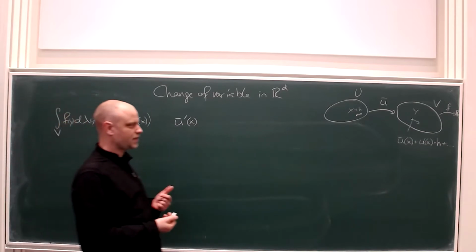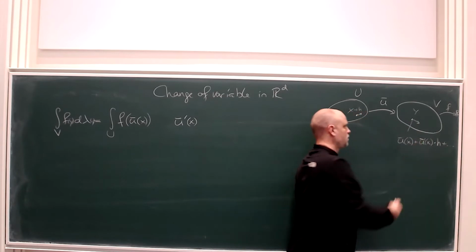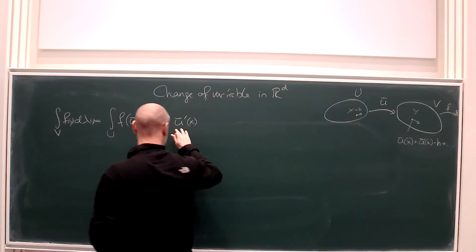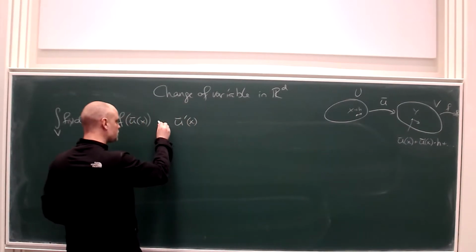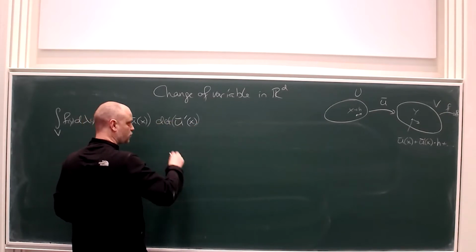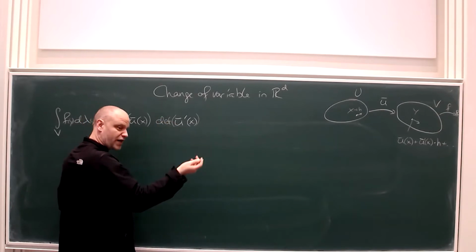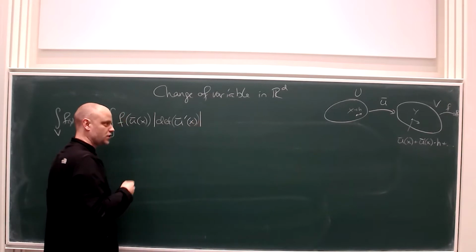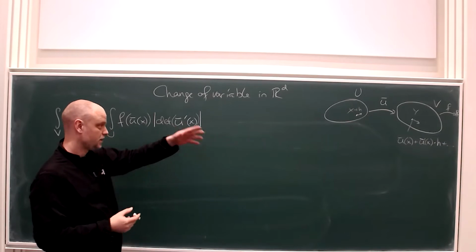So it's still the derivative of u that tells us how size changes. This is a square matrix, d by d, so we can take the determinant of that. For a reason I'm about to explain, this can be positive or negative, but the size of that number, the modulus, gives the relative change in size.